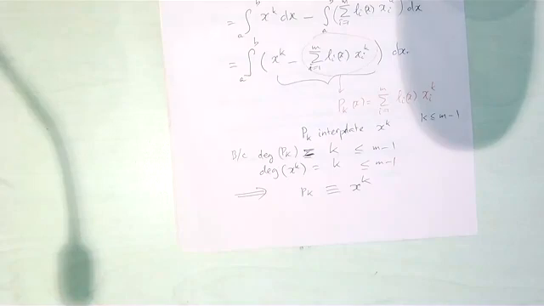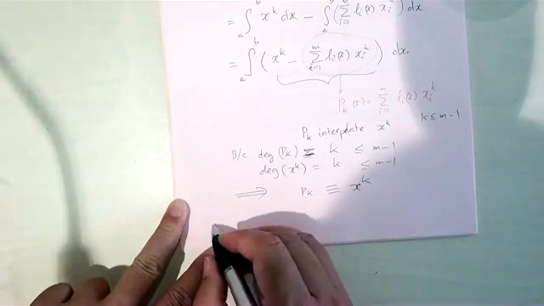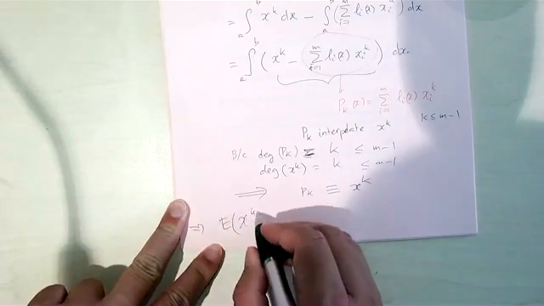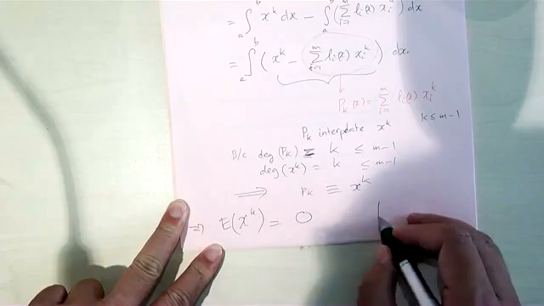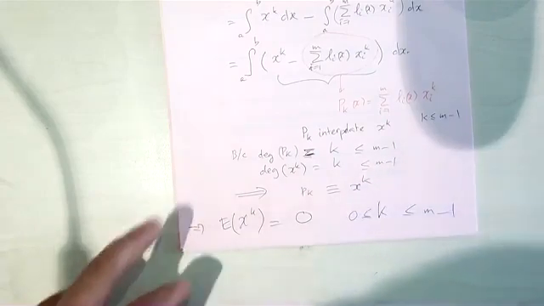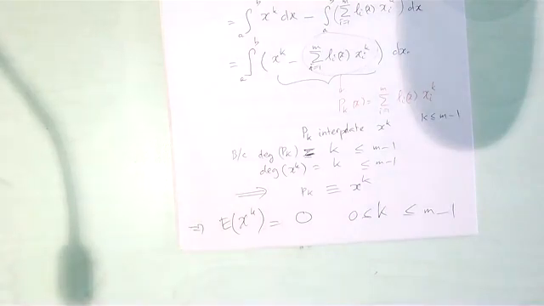So therefore, the integral just equals 0. So the error of x to the k just equals 0 for k from 0 to m minus 1. Yeah?